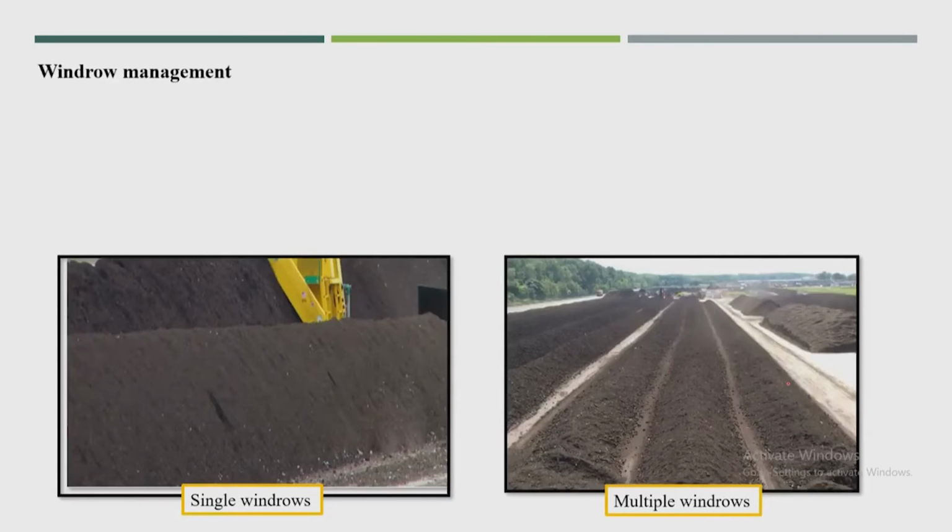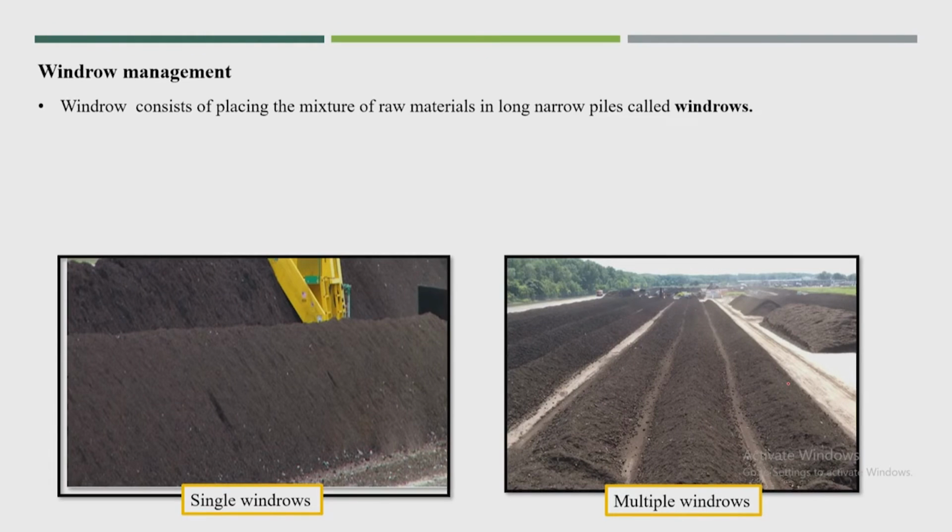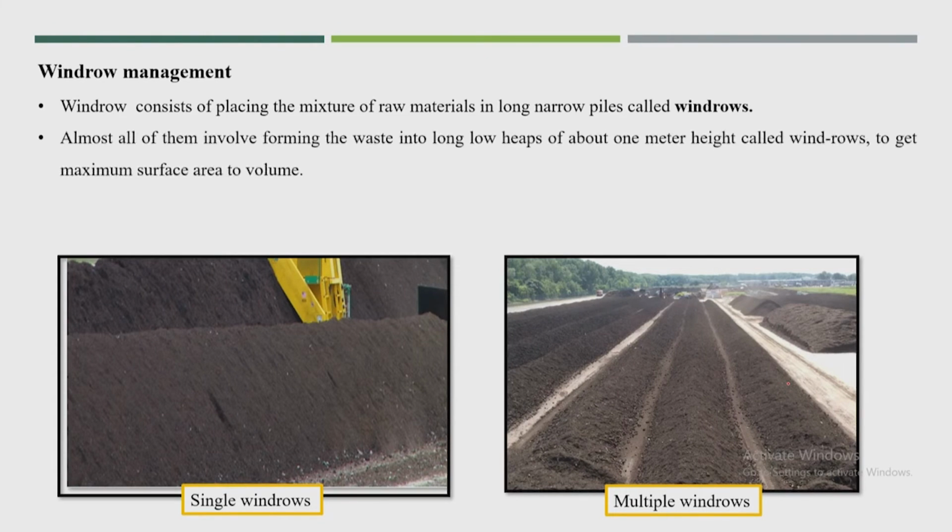Then we will go for the windrow. This is a similar kind of composting windrow, but try to keep it as small as possible, so that you can turn it very easily. Windrow composting consists of placing the mixed raw material in long narrow piles called windrows.